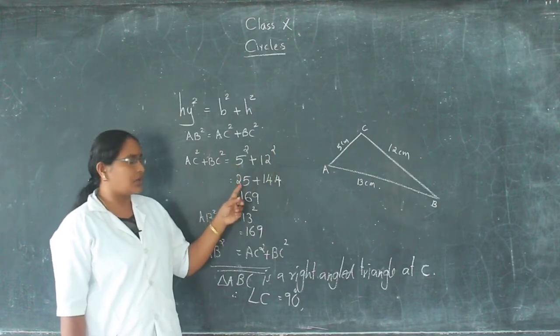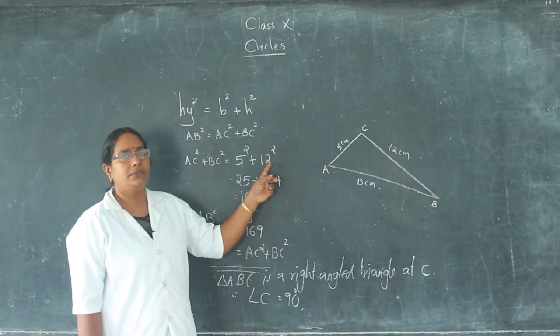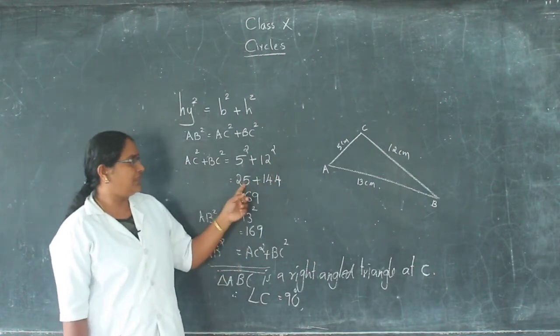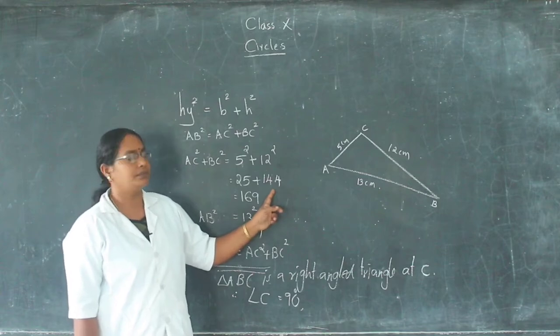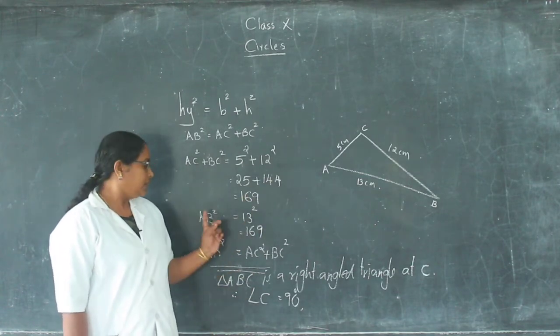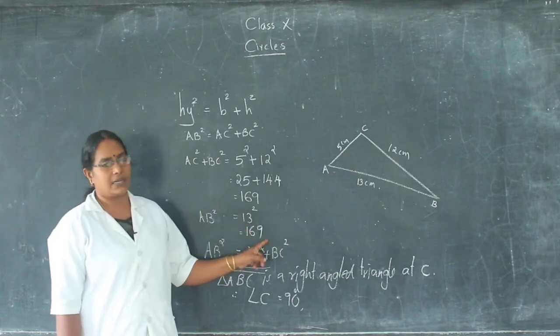5 square means 5 into 5, 25. 12 square, 12 into 12, 144. 25 plus 144 is 169. Therefore, AB square, 13 square, is 169.